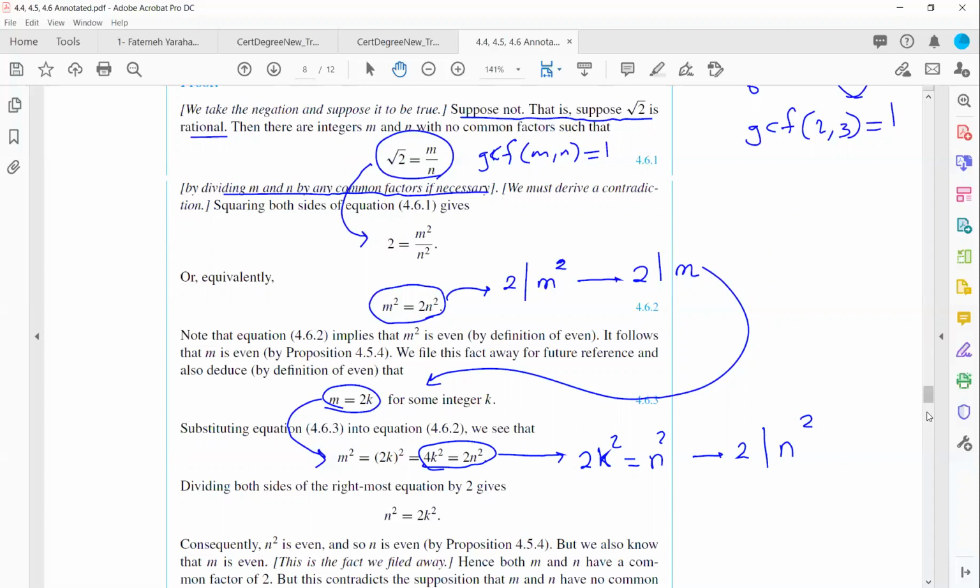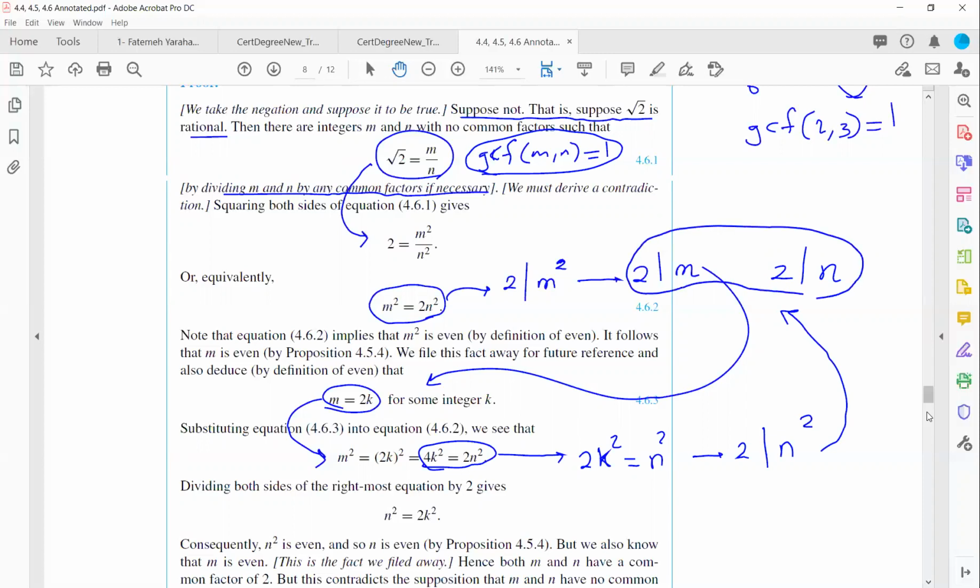It means that 2 also divides n. But look at this condition. The common factor between m and n is 1. Here we have 2 as the common factor of m and n, which is an error.